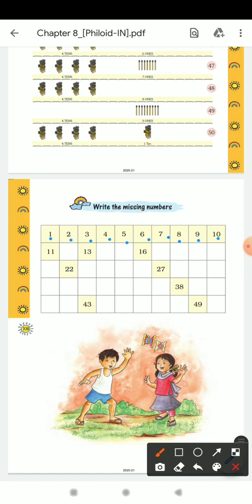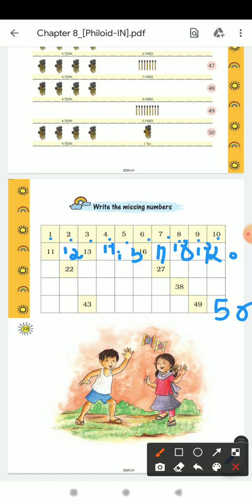After that 11 is written, then you have to write down 12. 13 is written, 14, 15, 17, 18, 19 and 20. In this way you can write counting from 1 to 50.